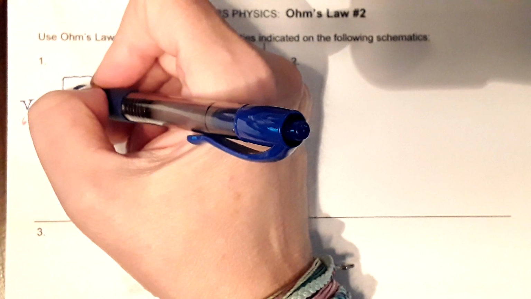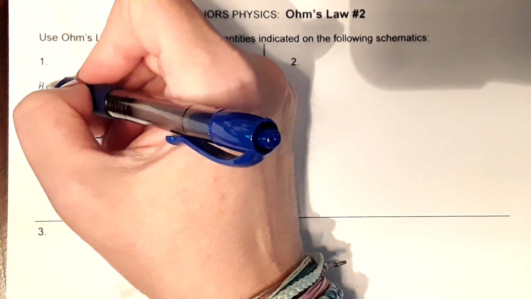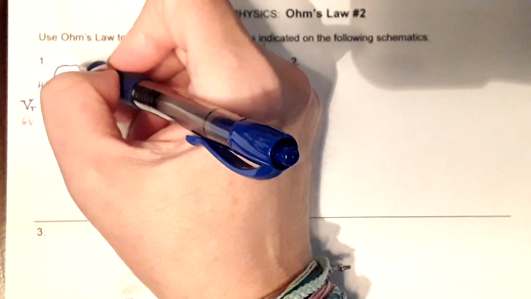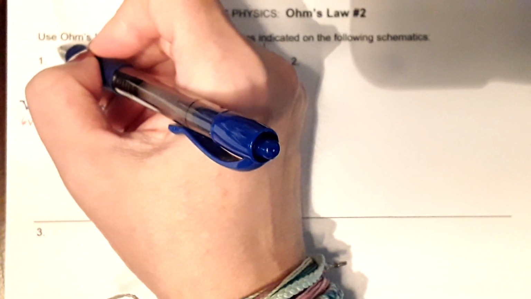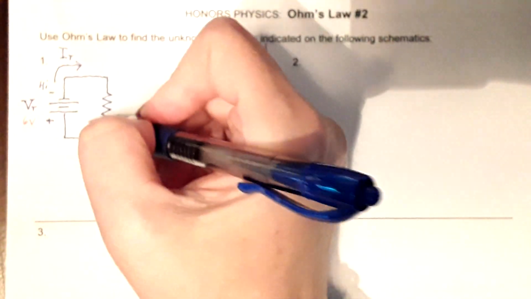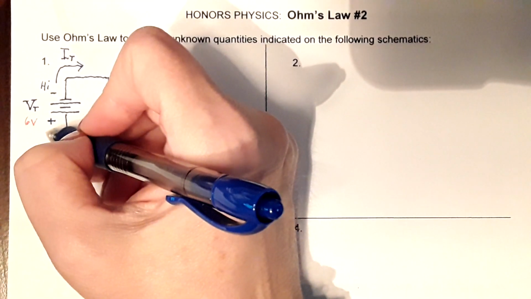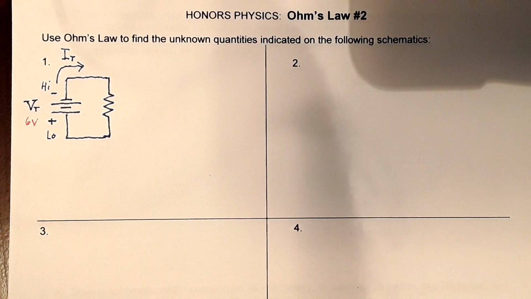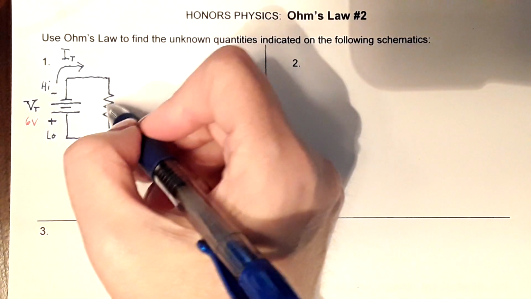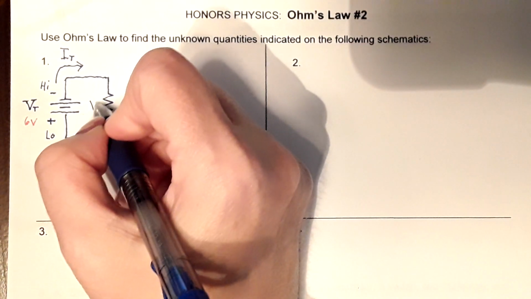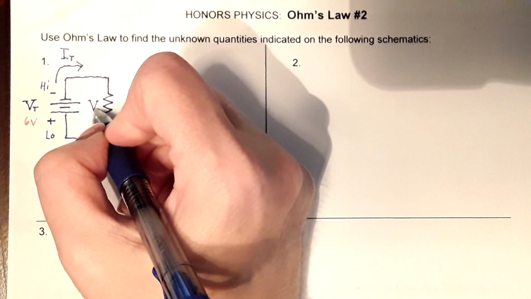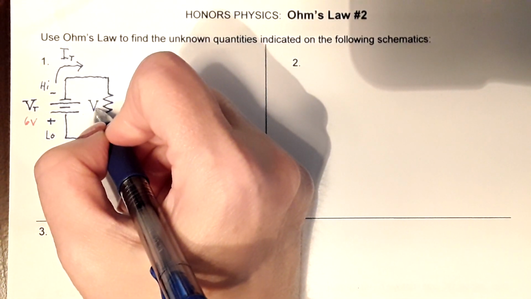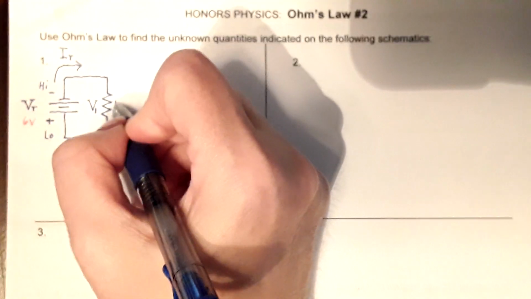So the electrons start out with a high potential on the negative side, and they're going to go around as a current flow to the positive side where they have low potential. And the potential difference between the high and the low is 6 volts. Now, when they get to the resistor, potential is used by the resistor. And we're going to call this V1, and it has a resistance R1.